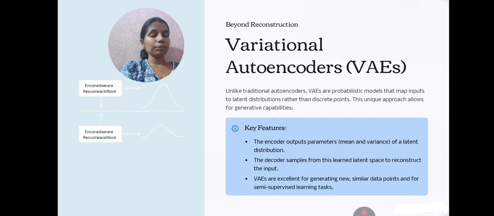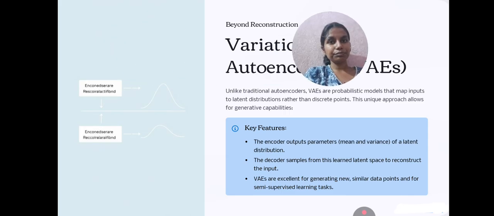The second key feature is that the decoder samples from the learned latent space to reconstruct the input. VAEs are excellent for generating new similar data points and for semi-supervised learning tasks.